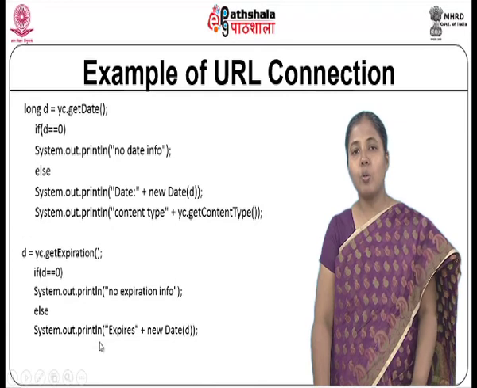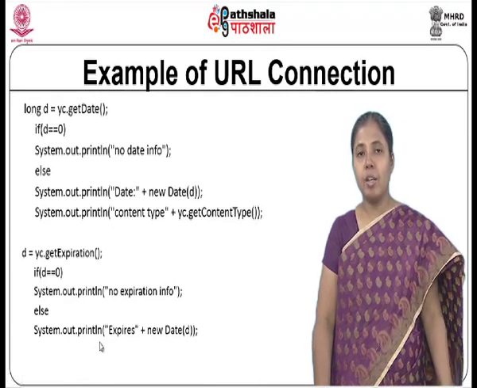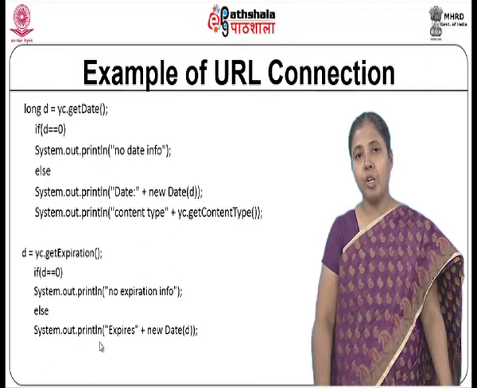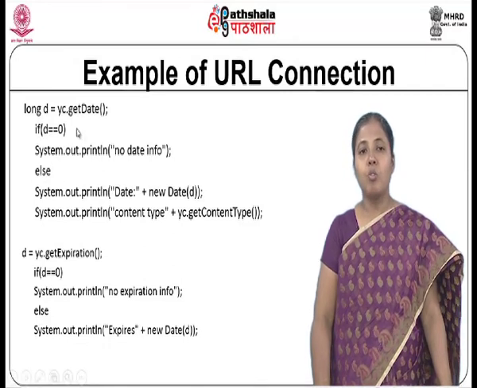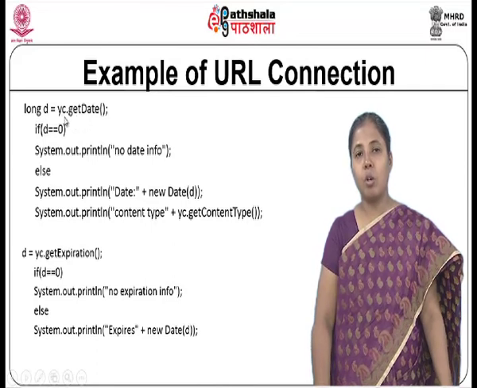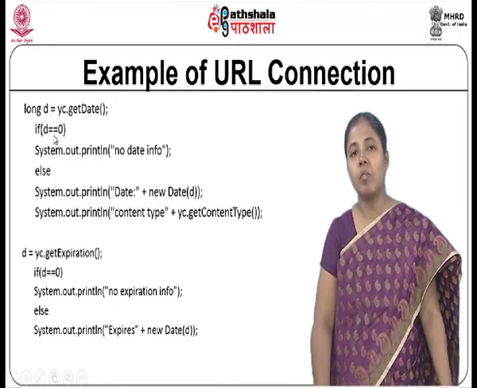Now, using the URL connection object, you can test some of the instance methods that are specified in the URL connection class. So, we have a method, as we have seen earlier, called getDate. So, use the URL connection object yc.getDate that returns a date. So, you need the util package to be imported to work with dates.